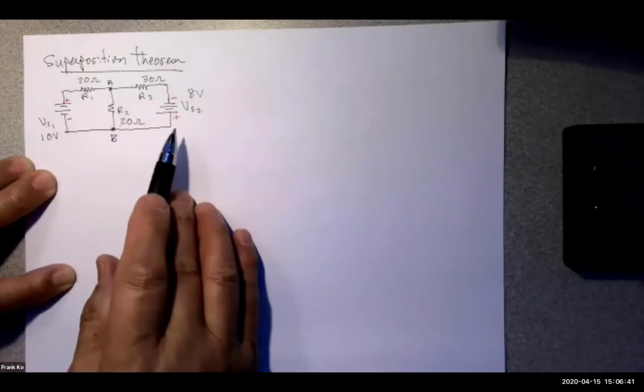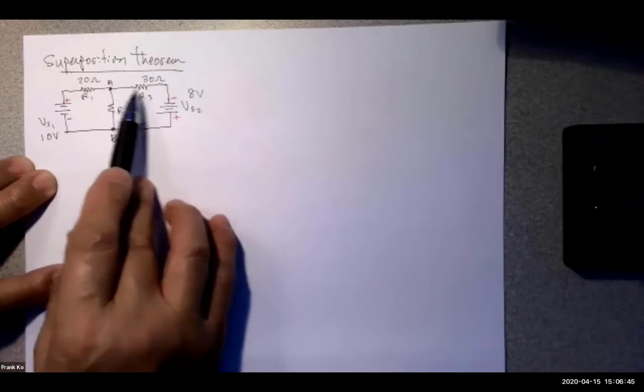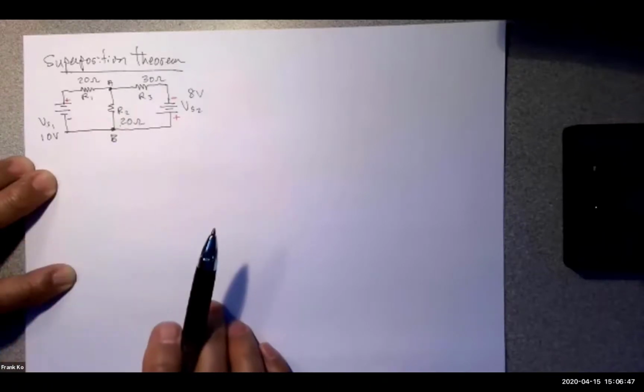As you look at these voltage sources, there's no way that you can immediately say what your voltage total will be. That's really not the important issue at this point. When you're doing superposition theorem, you're analyzing a circuit that has multiple voltage sources, but what you're analyzing for will be the currents and the voltages of the resistors.